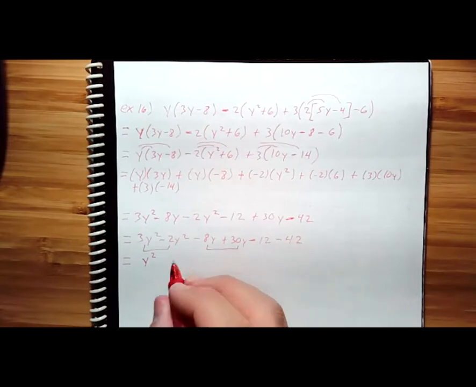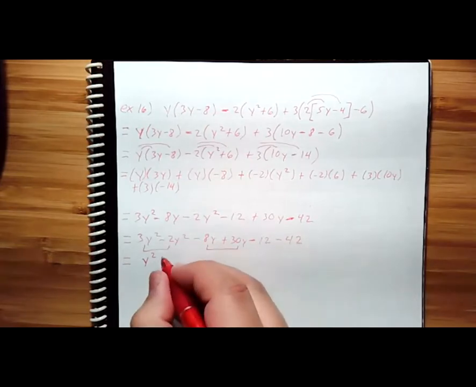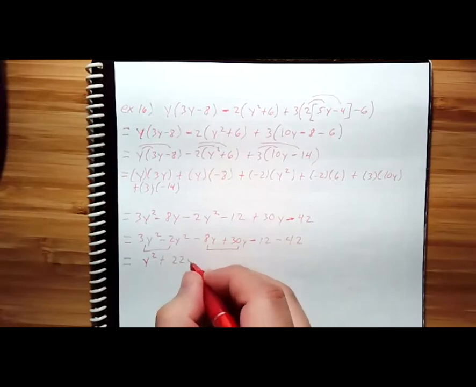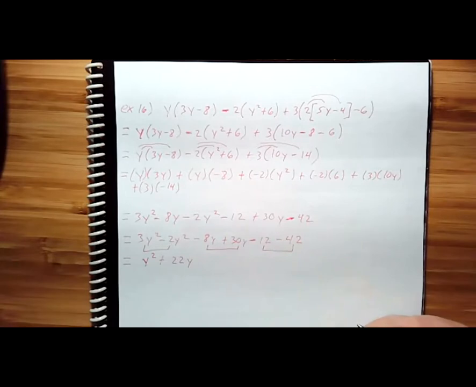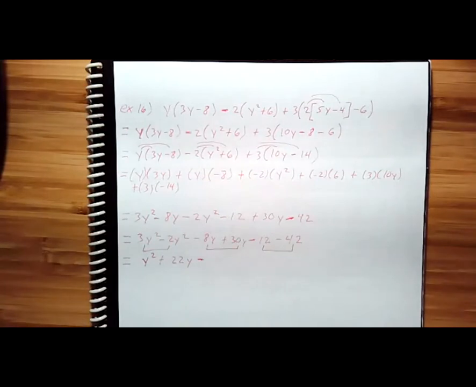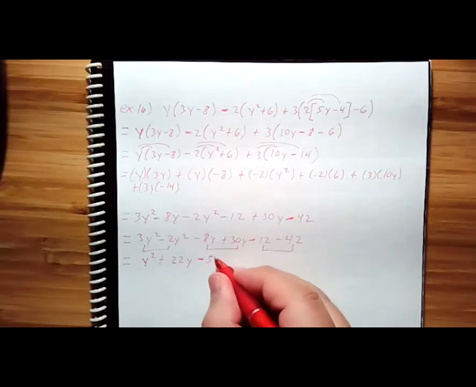Wouldn't that be 22y? Yeah, that sounds right. 22y. Negative and negative that's subtracted will stay negative. Wouldn't it be -54? Yeah, -54.